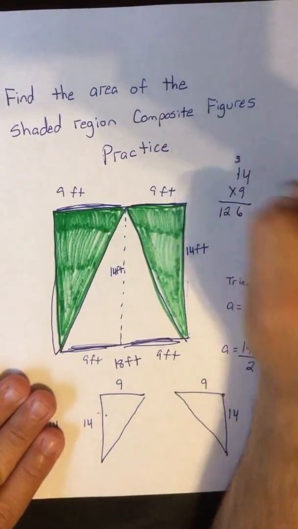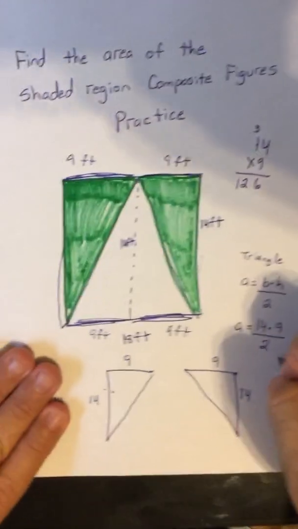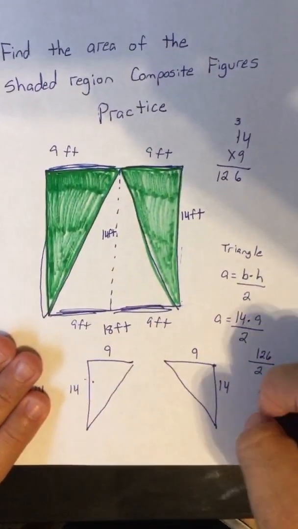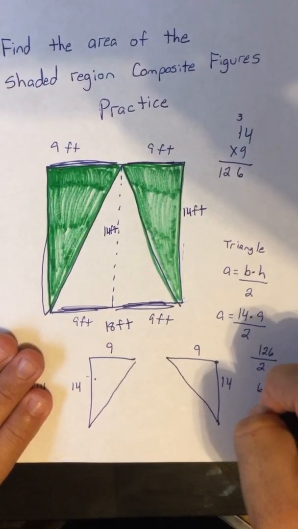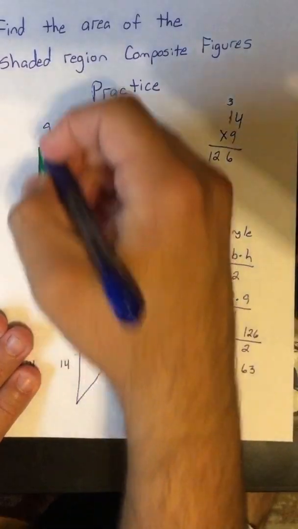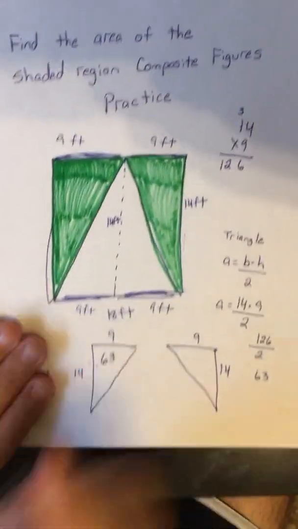It's 126. But we need to take that 126 and divide it by 2. 12 divided by 2 is 6, and 6 divided by 2 is 3. So the area of one of these triangles is 63.